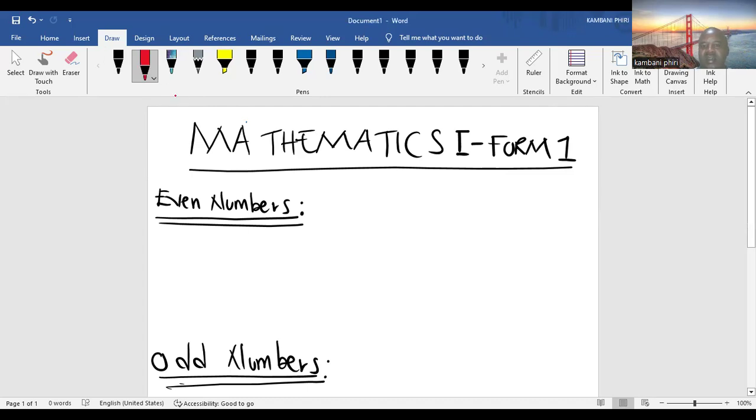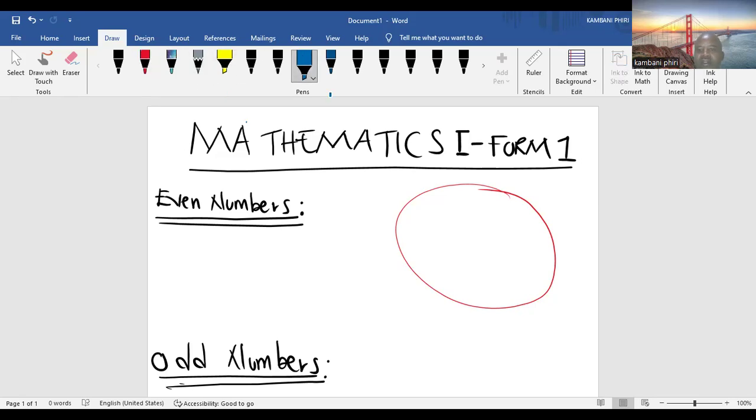Let's look at, suppose we have a set with the following numbers: 0, 1, 2, 3.